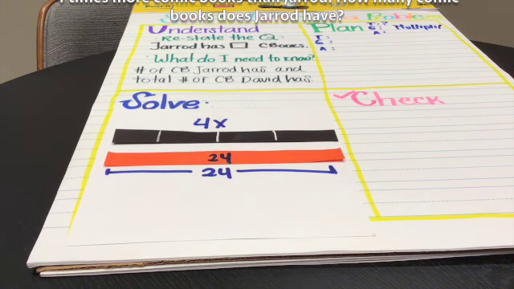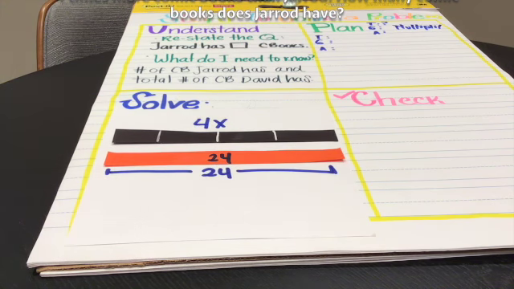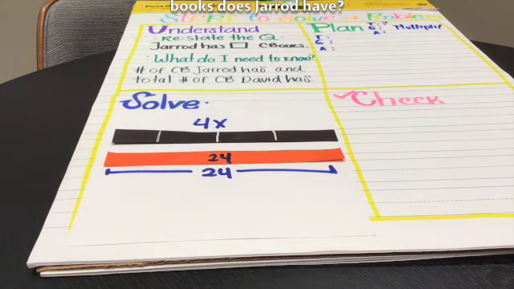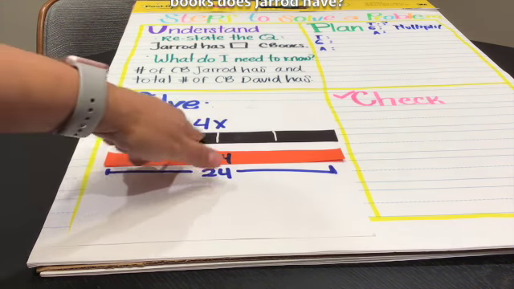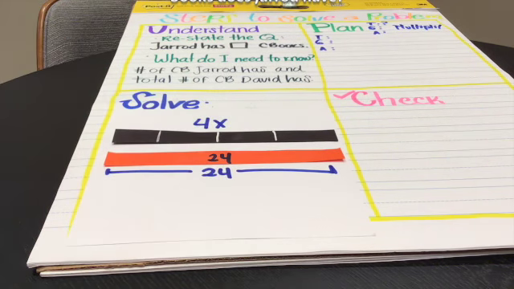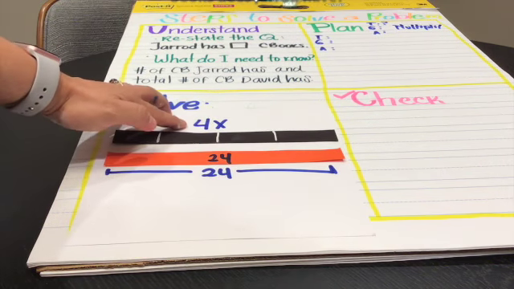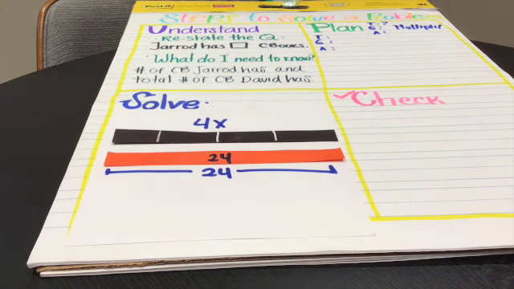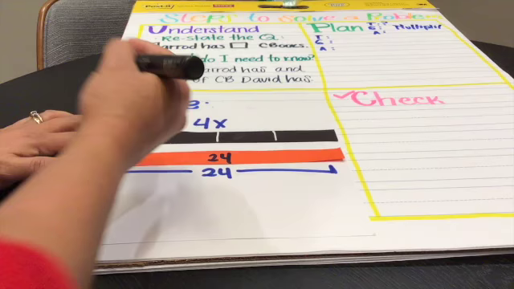Okay? So what do I need to know here? I need to know what each set is representing, what number each set is representing. Or in other words, I can say, what is the amount of comic books in each group? So my group will be 4, right? And then the amount in each group will be the variable that we need to find.